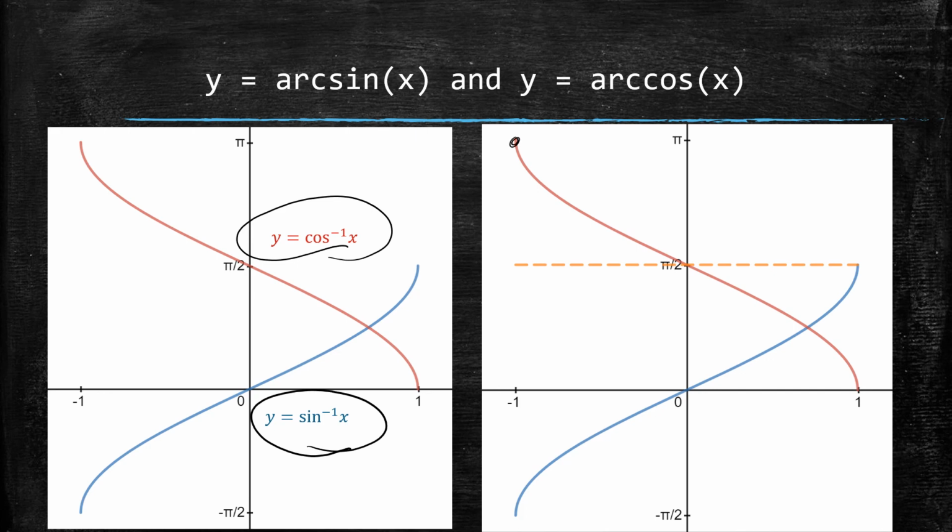Here at -1, we have pi plus negative pi over 2, so that equals pi over 2 when you add them together. Pi over 2 and 0 obviously add to be pi over 2. Here we're at pi over 4 for both, so add them together, and we're at pi over 2. So anyway, I thought that was a nice visual for that first one.